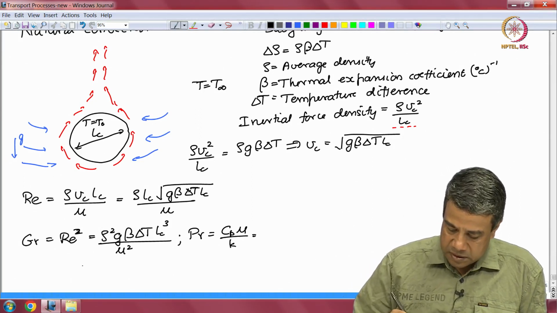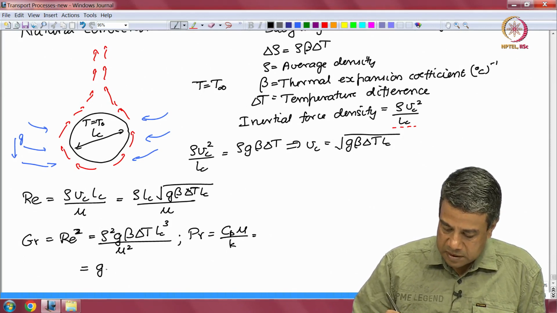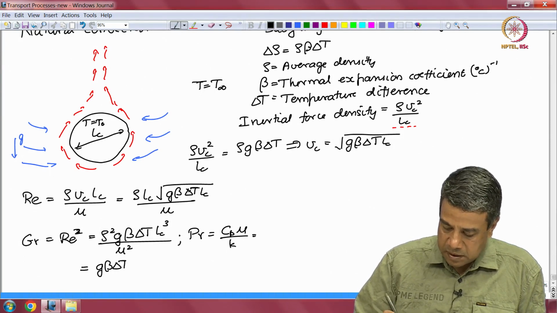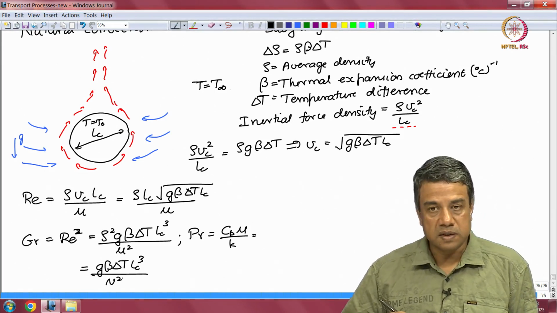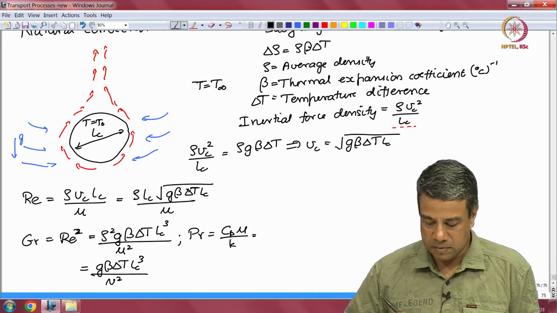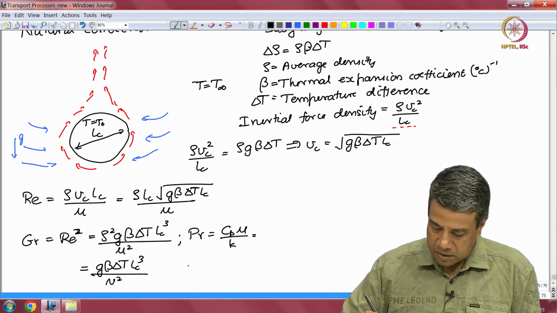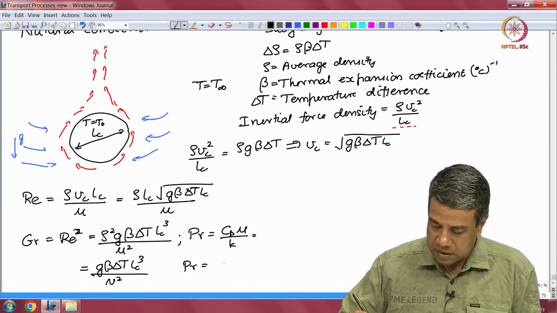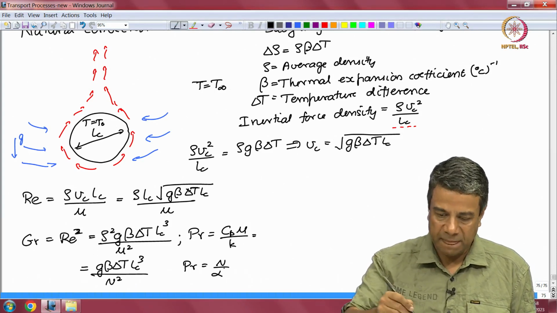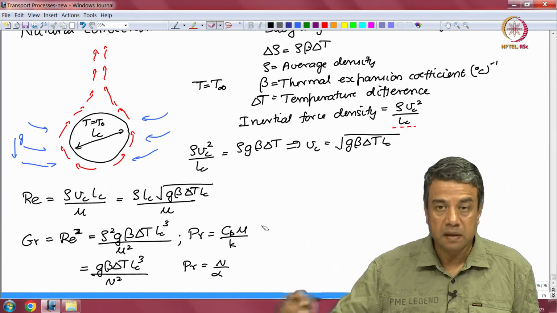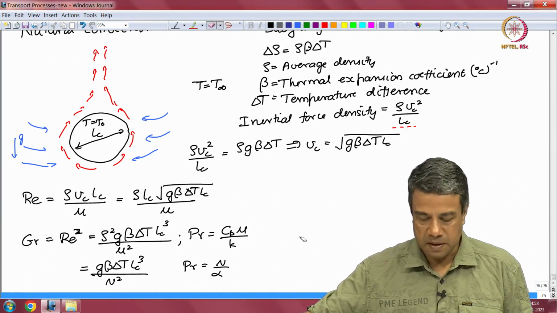Okay. So, this Reynolds number square can also be written as g beta delta T Lc cubed by nu square. Nu is the ratio of viscosity and density, mu by rho, and the Prandtl number is written as nu by alpha. So, these are the independent dimensionless parameters.